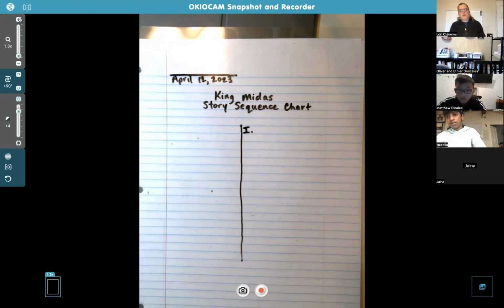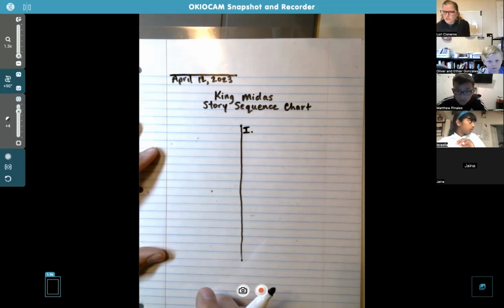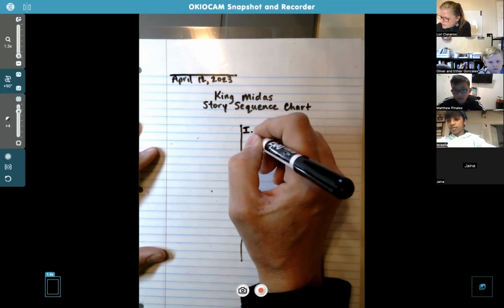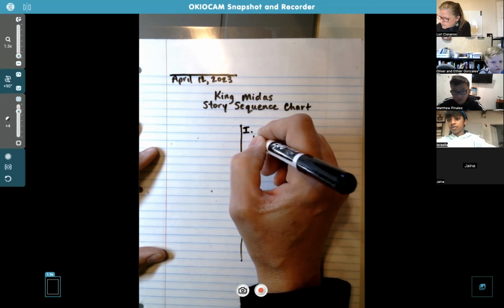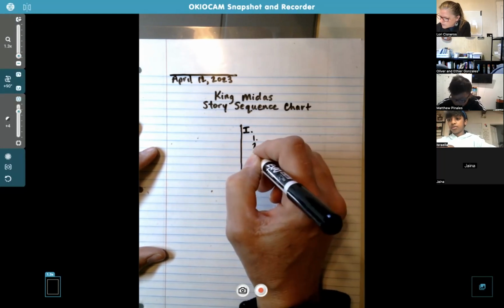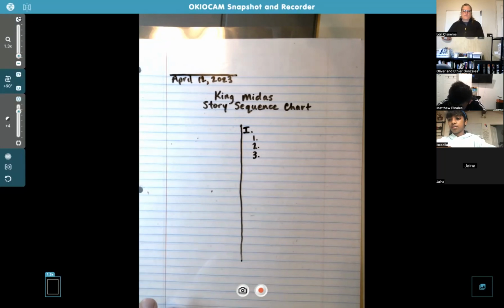And you remember that from Camels, now that we have more than one paragraph, we use Roman numerals to separate that in our outline to show each paragraph. So Roman numeral 1 looks like a capital I. And then you're going to just move in a little bit and just do the regular number 1, 2, and 3. And that's it for that.